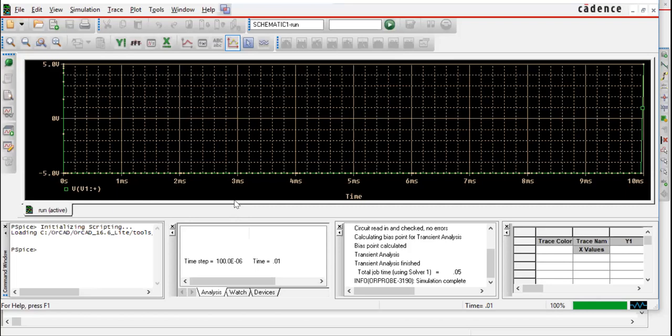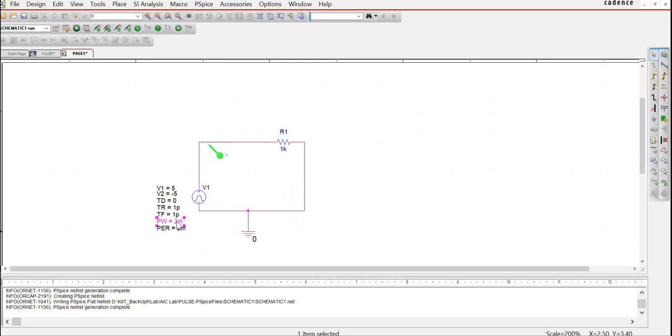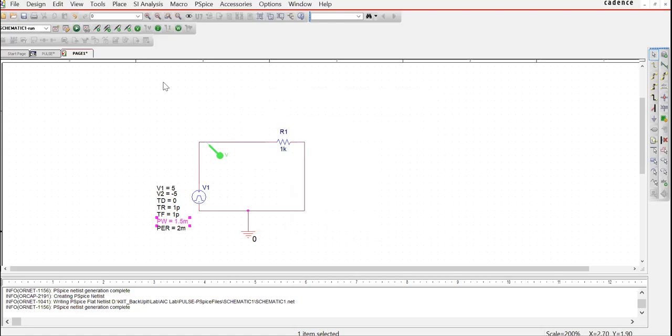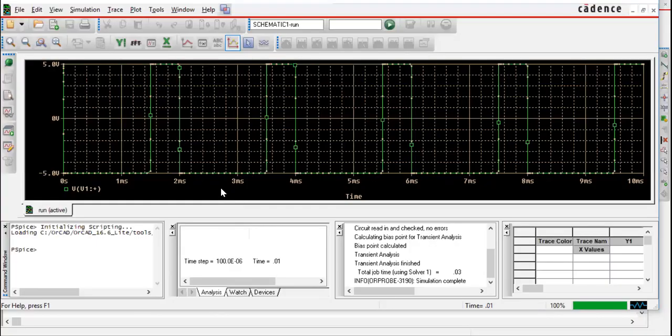We are making everything 2 milliseconds, so obviously we are not going to get anything. And when we make it 1.5, now we can observe. I think you got it now: the off period is 1.5 milliseconds, and it will remain on only for a very small amount of time, that is 0.5 milliseconds.